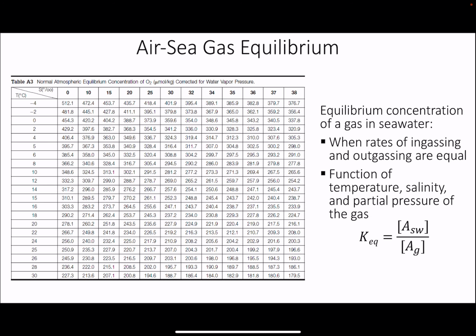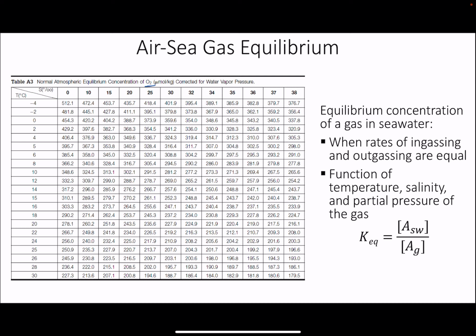And so you might be able to calculate the Henry's law value everywhere, but thankfully somebody has gone through and calculated the equilibrium concentrations, especially for things like oxygen. It's really easy because the concentration of oxygen in the atmosphere is constant. And so if you just have a table of all the Henry's law values, all those KH numbers at various temperatures and salinity, then you can make these tables, which are your expected equilibrium concentrations.